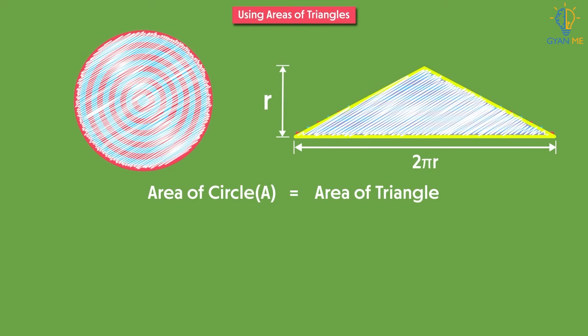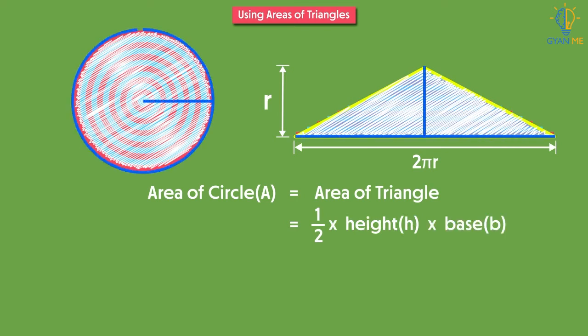And we know that area of triangle is half of the product of its height and base. Therefore, A is equal to half into height into base. Here height is equal to r and base is equal to 2 pi r.